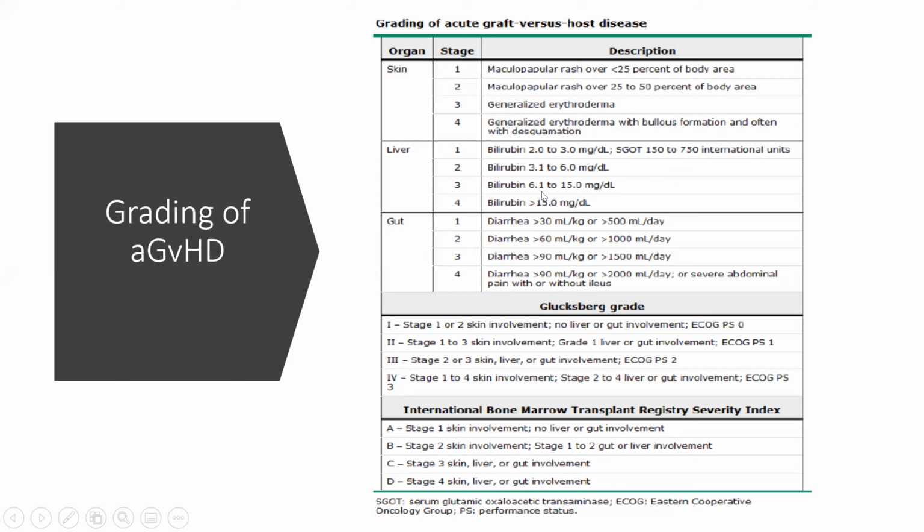With the liver, monitoring the bilirubin and the AST, and then with the gut, it's monitoring the volume of diarrhea and associated abdominal pain with or without ileus. So if you have some time, you can look at the grading systems.